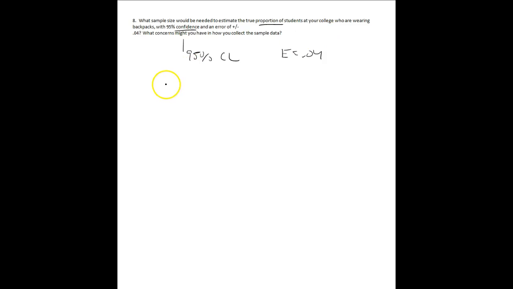Okay, and so we're going to use a similar formula. N is equal to P times 1 minus P times Z alpha half divided by the error, squared.